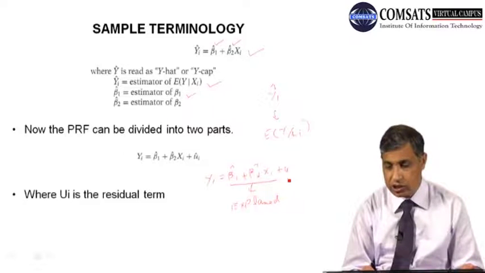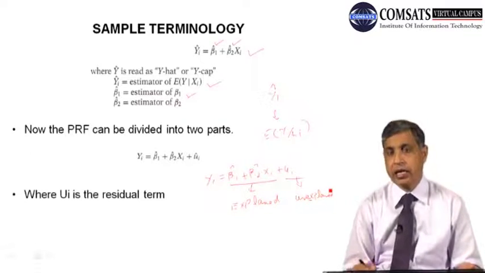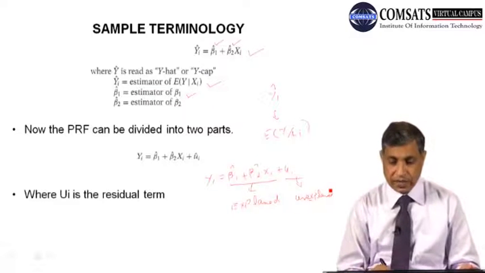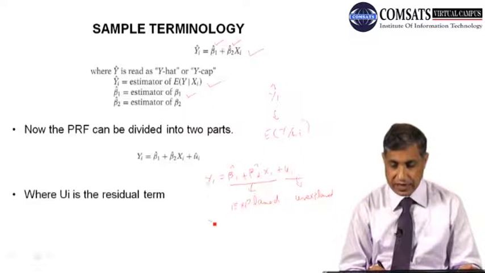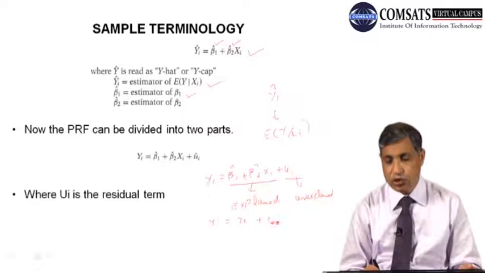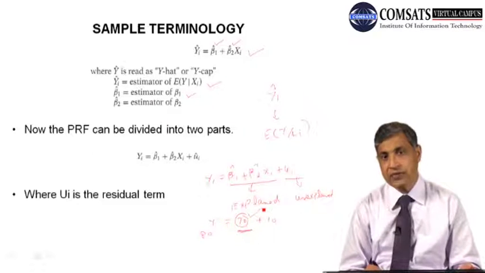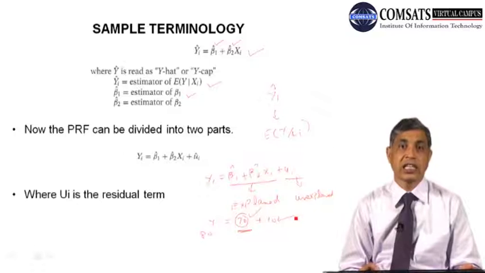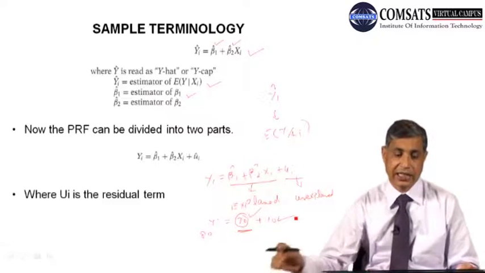And this ui is unexplained. For example, if yi is equal to 70 plus 10, so that means if it was 80, out of 80, 70 was explained and 10 is not explained, and it is in the error term.